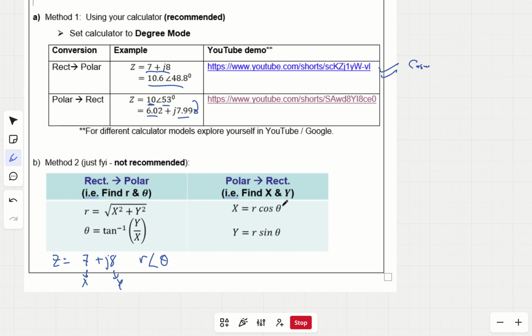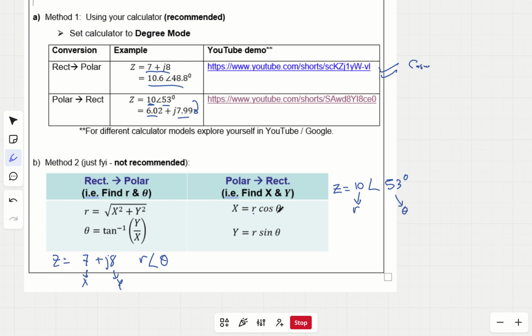Similarly, if you are given in the polar format, for example, your z is equal to 10 at an angle of 53 degrees, and you want to find the x and y, to write it in the rectangular form, this is your r and this is your theta.